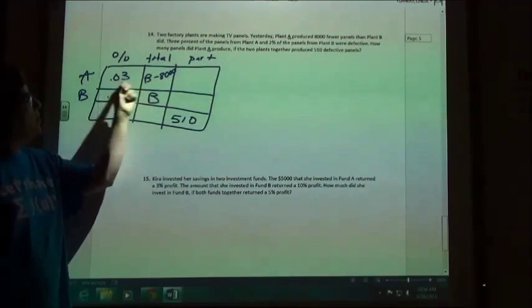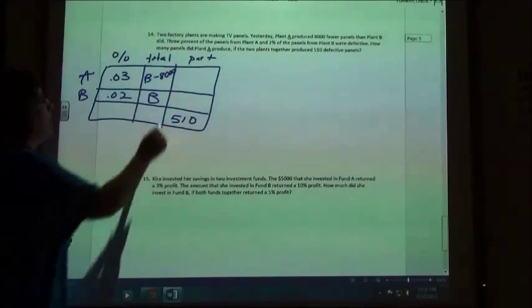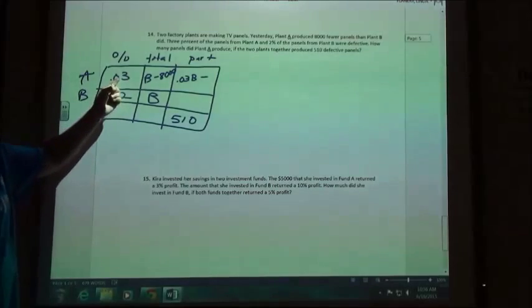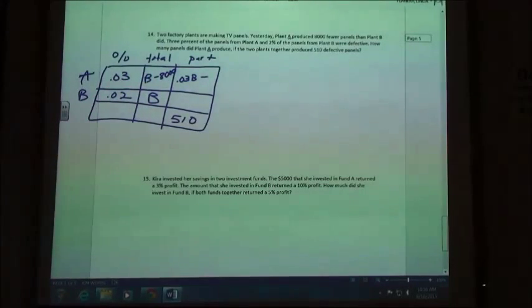So again, up here we're going to have to use our distributive property, 0.03B minus 3% of 8,000. What is 3% of 8,000?